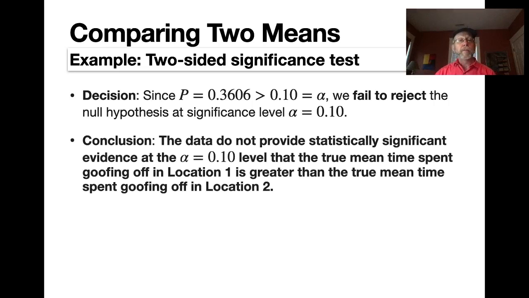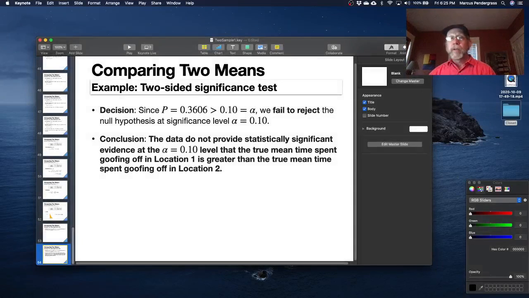And our conclusion would be that the data do not provide statistically significant evidence at the 10% significance level that the true mean time spent goofing off in location 1 is greater than the true mean time spent goofing off in location 2. So we have no good evidence that the mean time is either different or greater between the two locations.